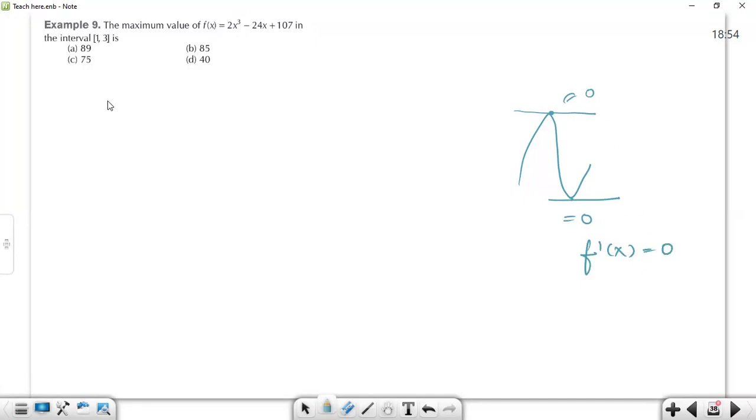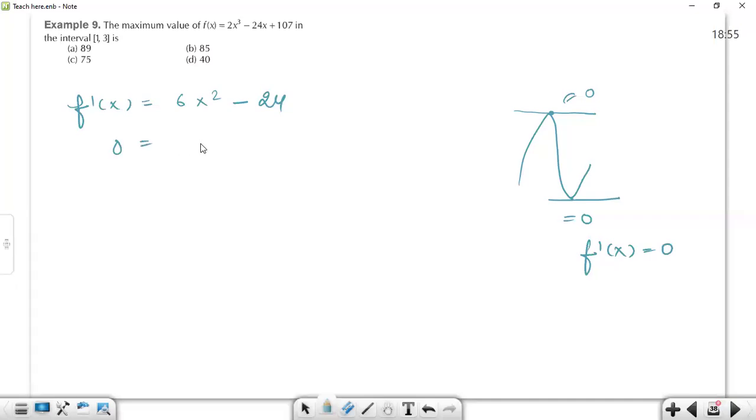So let's take its derivative, f dash of x: 2x cube becomes 3 into 2, 6x square, minus 24x. Its constant's derivative would be 0, so it would be nothing.